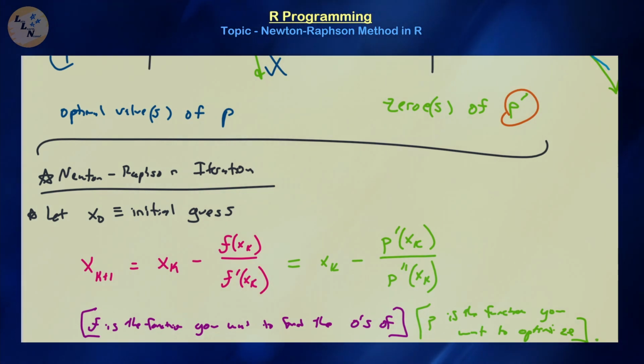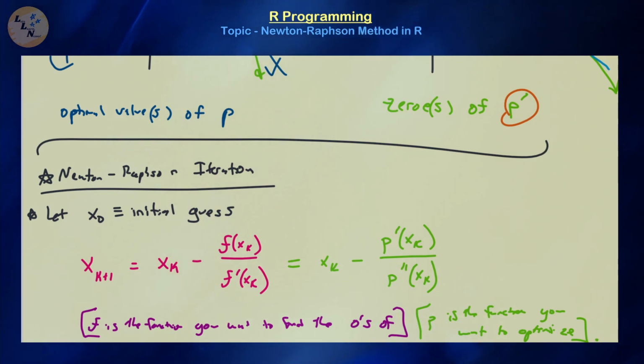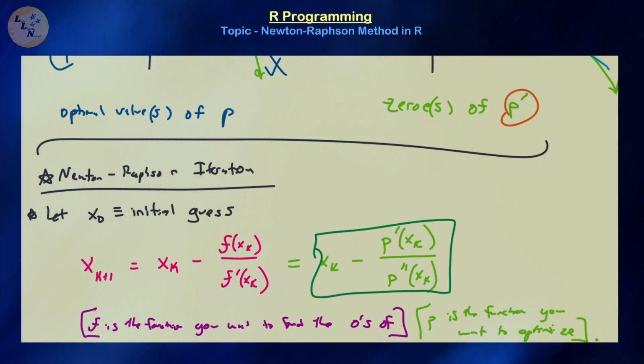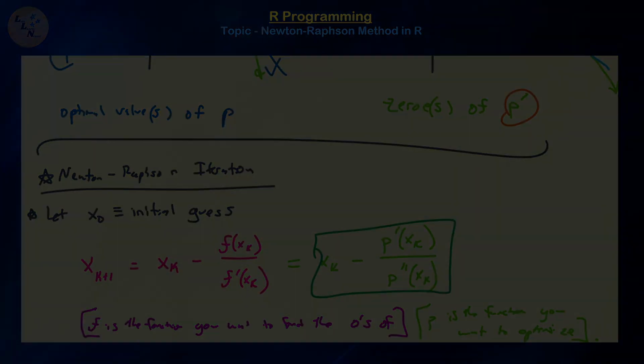Now that we have laid out at least what the Newton-Raphson iteration does, let's get into a discrete computational method that we can use to approximate the first derivative and the second derivative of some function that we seek to optimize.